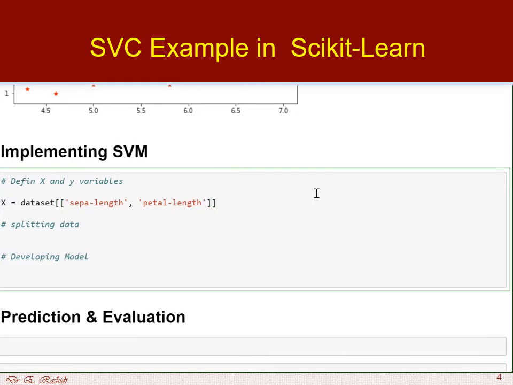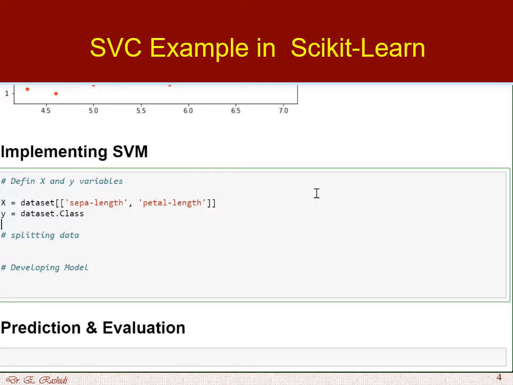And the y variable is just going to be the class. So dataset class, C is capital here. All right, so now we have our feature variable X and dependent variable or label variable Y.